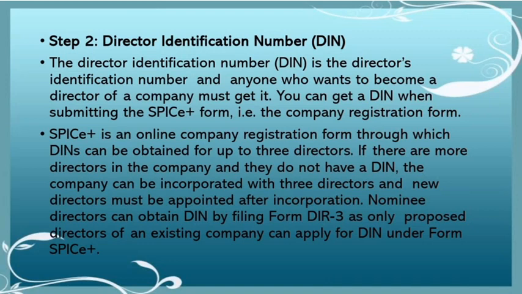Only proposed directors of a company can apply for DIN under SPICE Plus. The Director Identification Number, the second step under the company registration process, is a very important document under the company registration form. DIN plays a major role in the Companies Act.